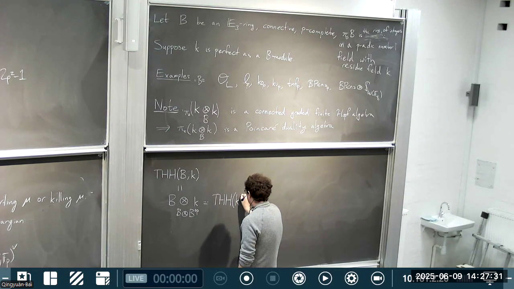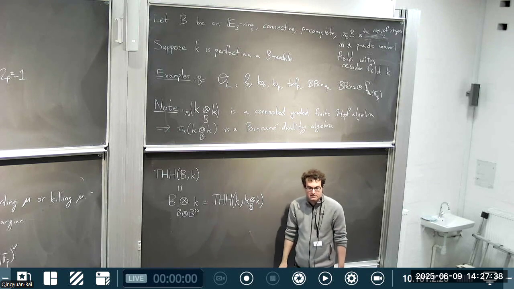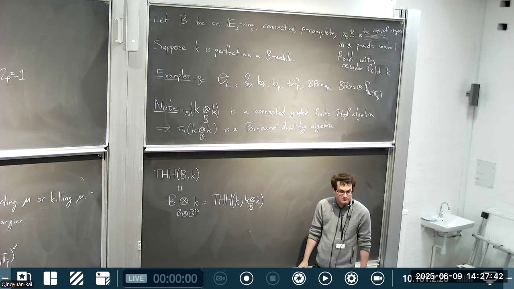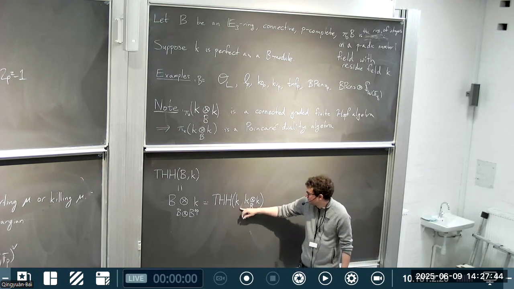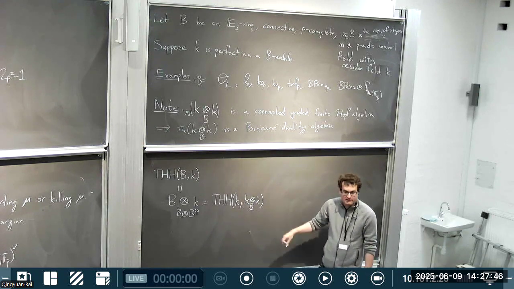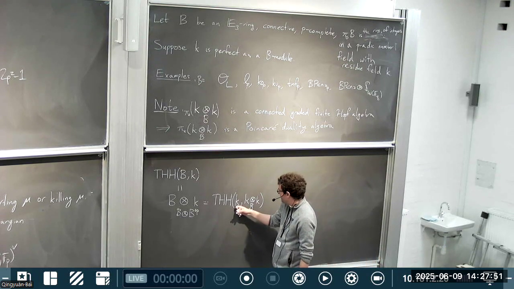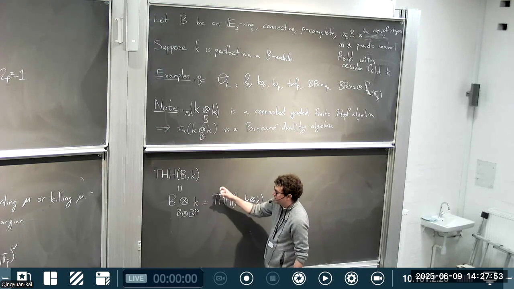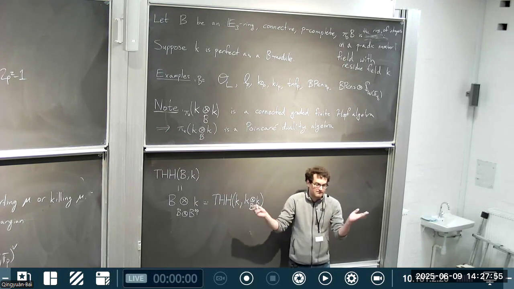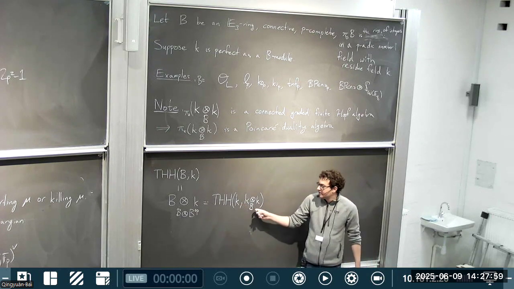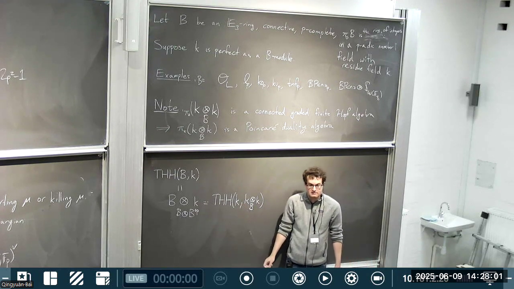This is the THH of K with coefficients in the bimodule K tensored over B. Okay? It's just a formal manipulation of tensor products. And so here we have an expression where we're really working with the residue field instead of some potentially complicated ring, but now we have this interesting bimodule.